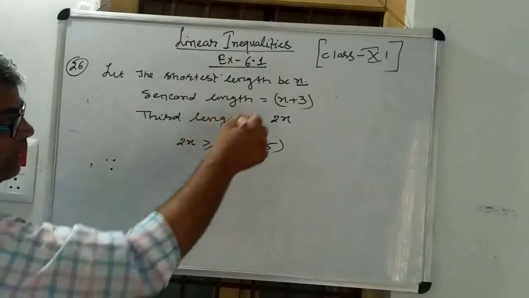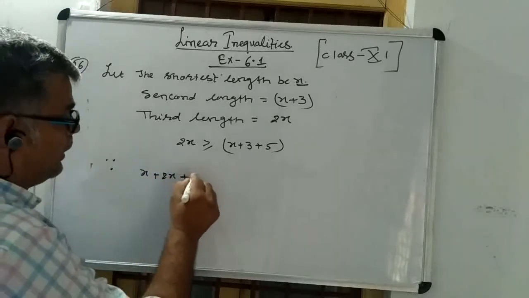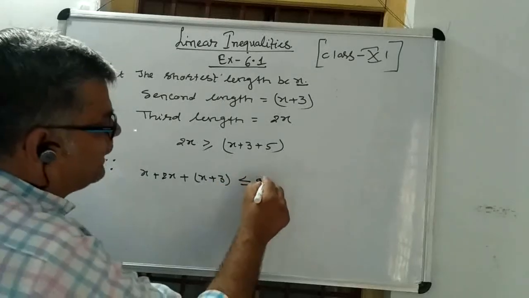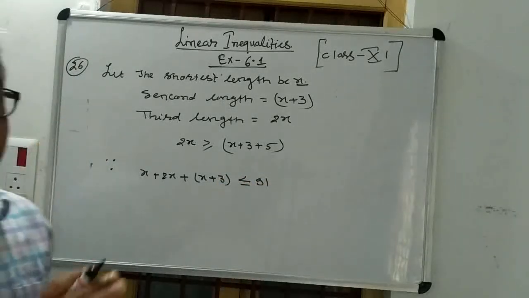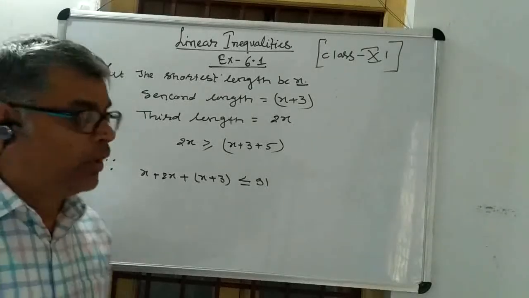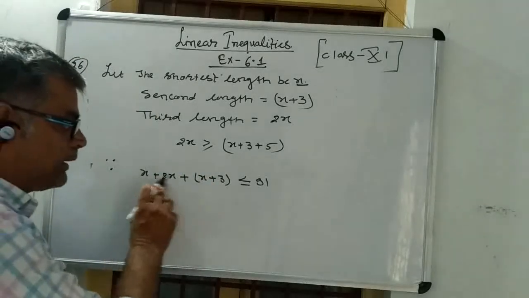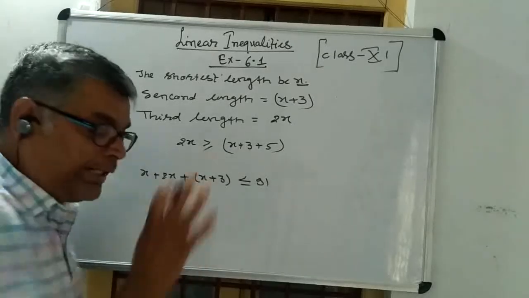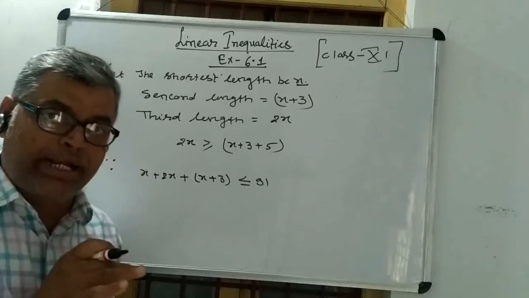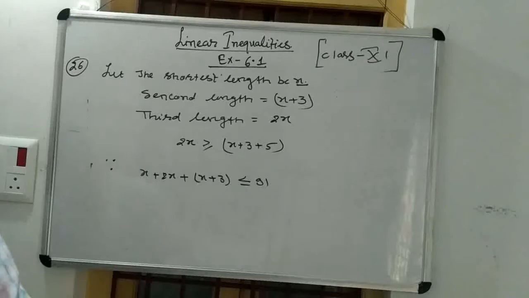Since the total of these 3 parts, x plus 2x plus x plus 3, is either less than or equal to 91, because 91 was the total length of the board, there is a possibility that the sum of these 3 boards will be equal to 91 or less than 91, but there is no chance of more than 91. So solve this inequality.